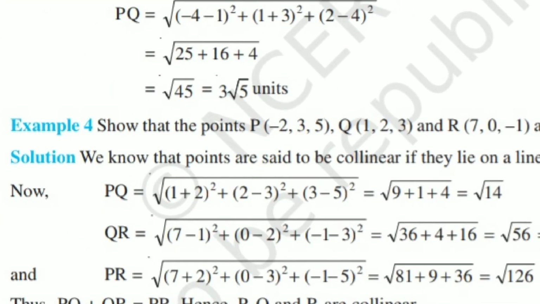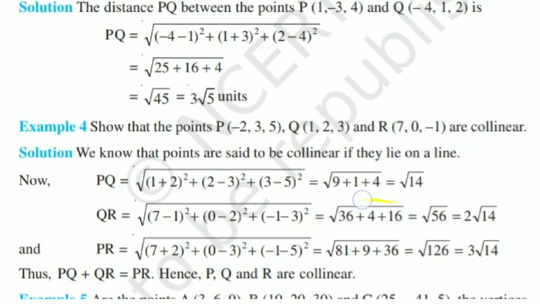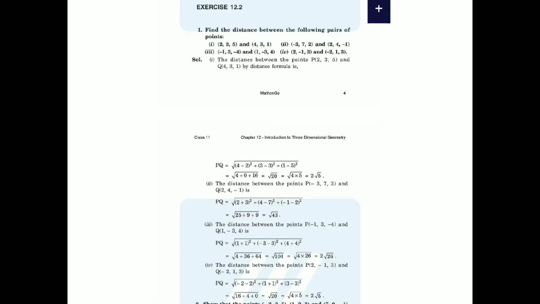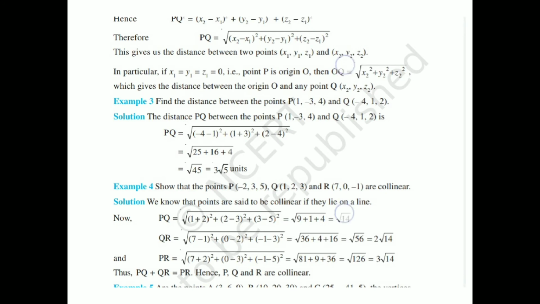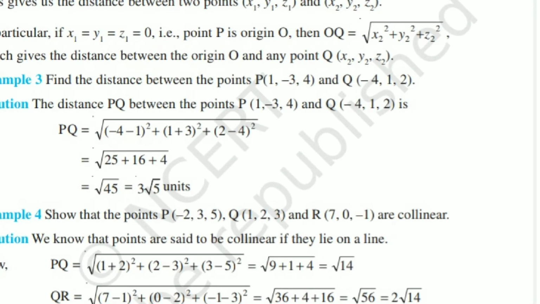Example 4. If you can see the question, show that the points P, Q and R are collinear. Now, how to prove that they are collinear using the distance formula?